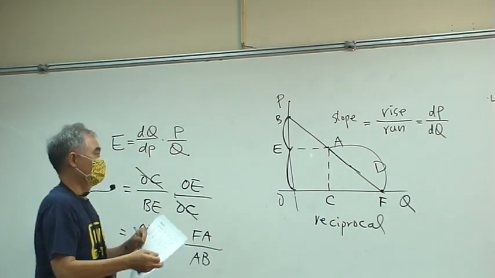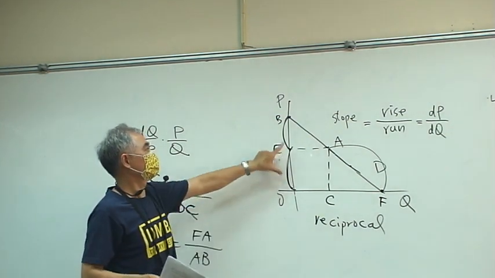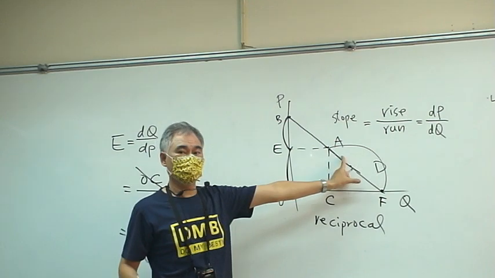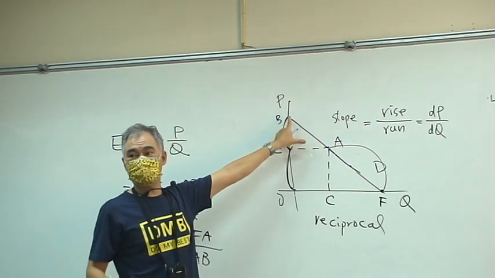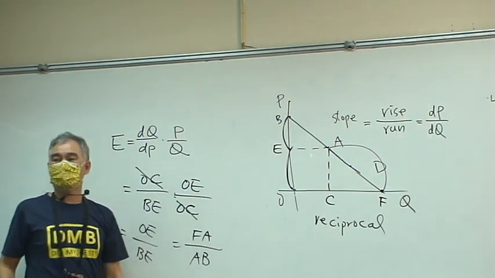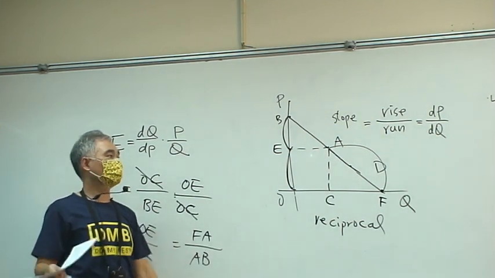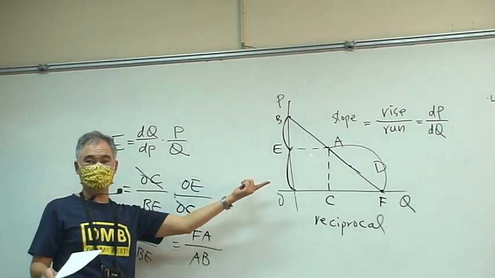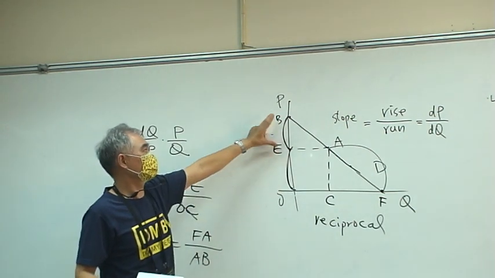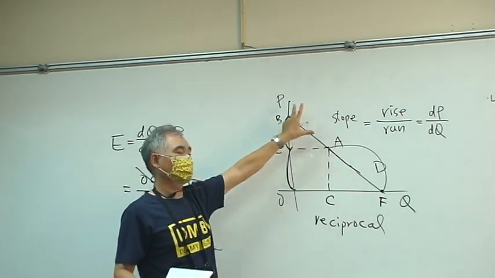So this one divided by this one is equal to this one divided by that one, right? If you look at your geometry of junior high school, you should know this kind of relationship.